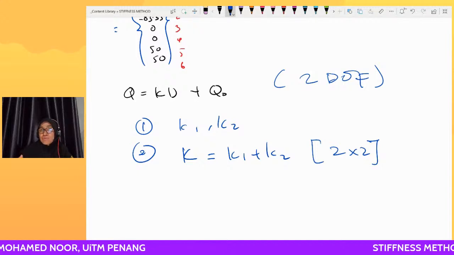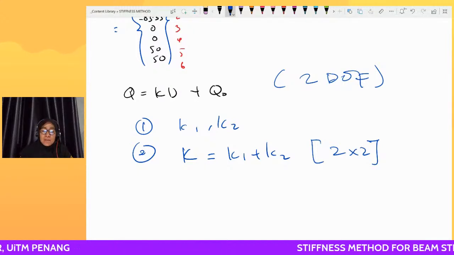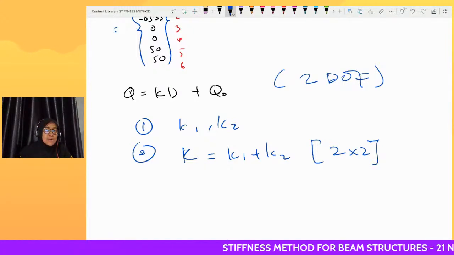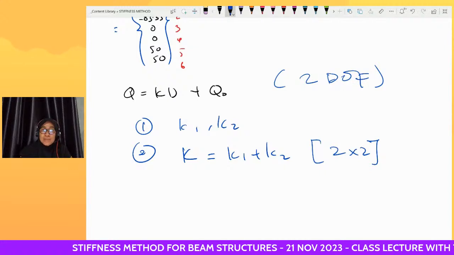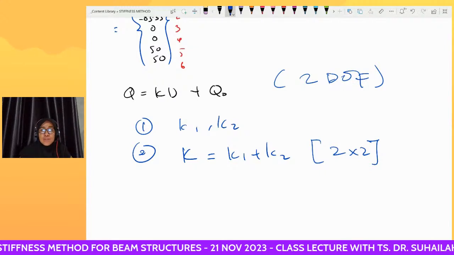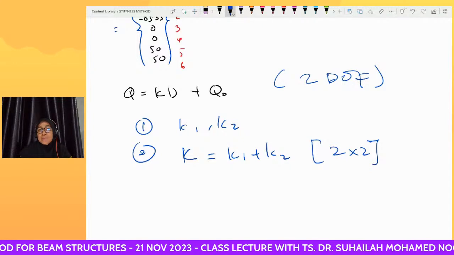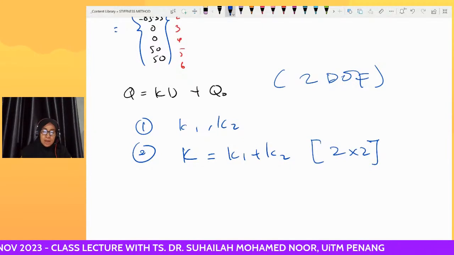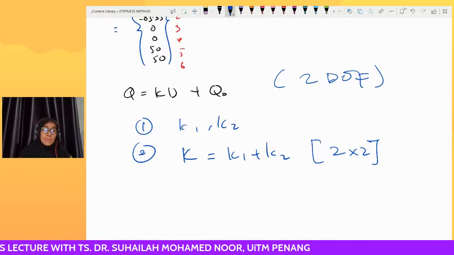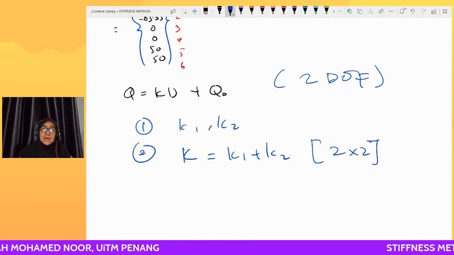If there are three unknown displacements, we give 3 by 3. These are all compulsory steps whenever the question asks you to calculate displacement.